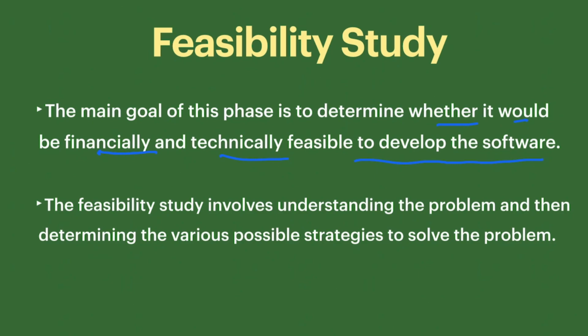The feasibility study involves understanding the problem and determining the various possible strategies to solve the problems. So all the actual problems we will face in the development of the software, we will understand in this phase, and all these strategies we will discuss in this phase.